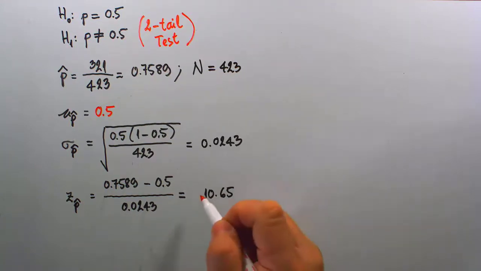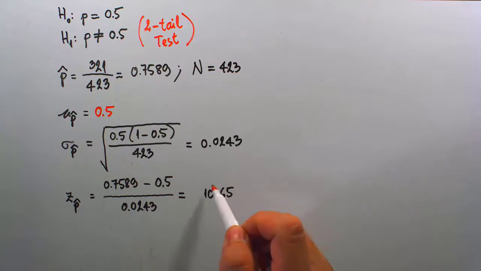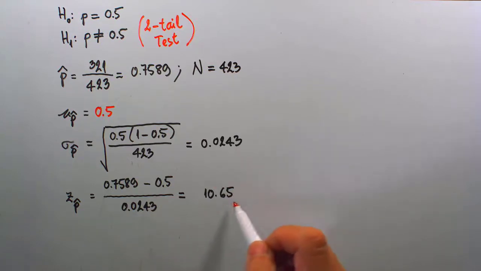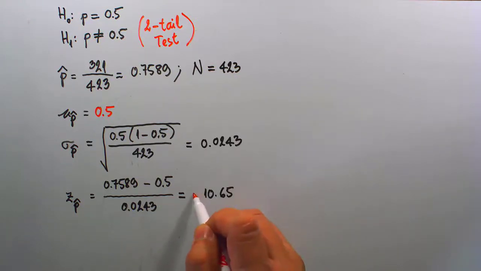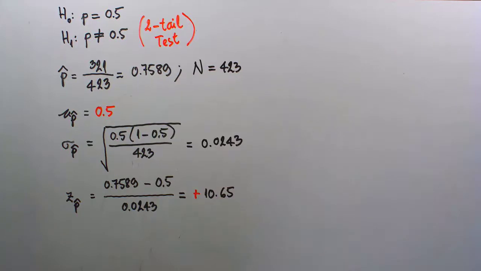And this time I really have to emphasize that the z-score we have calculated here is a positive z-score. The reason I have to emphasize that is that after this point, we will be calculating the p-value as usual.